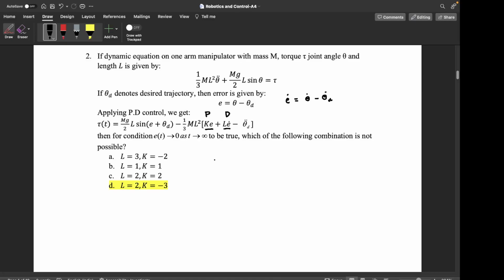This question is based on a similar example we have in the lectures.